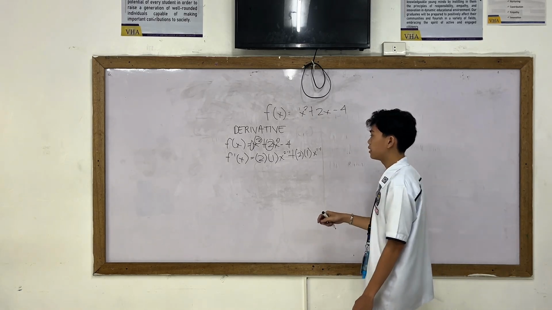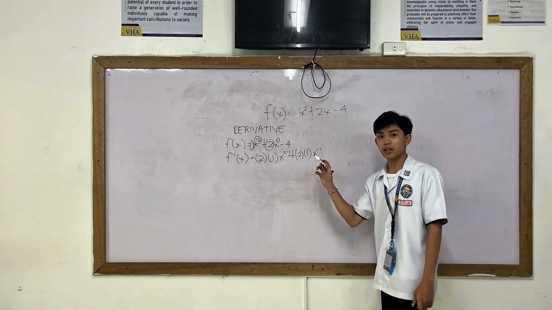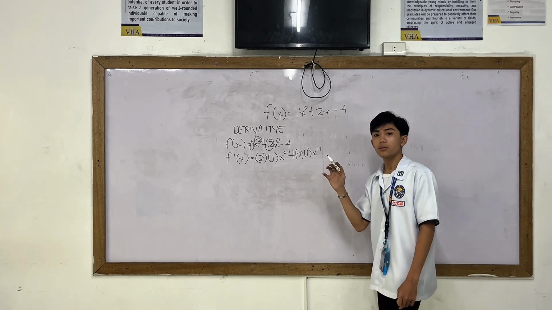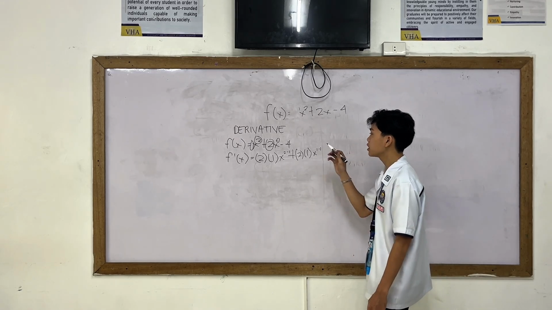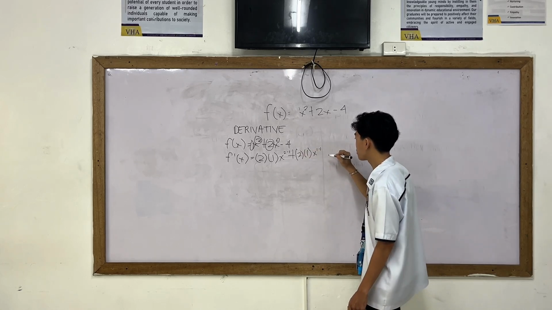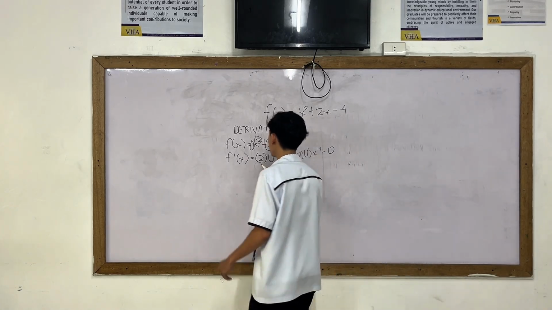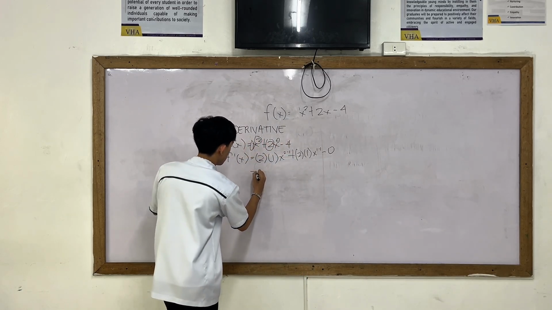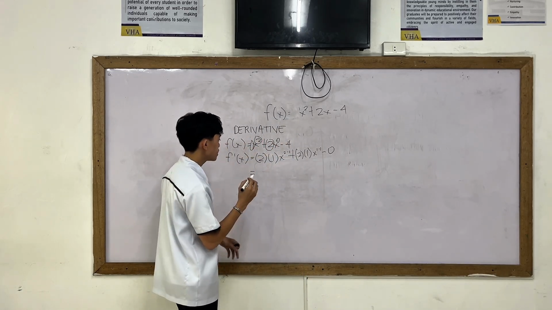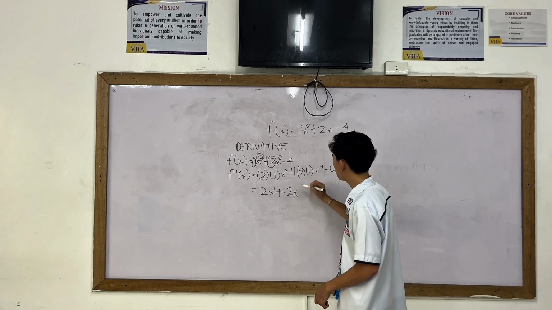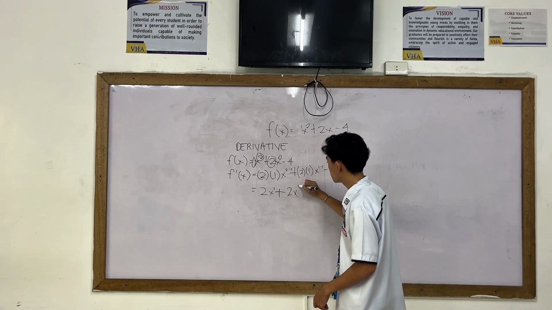In the derivative, the constant will always be equal to 0, so the derivative of 4 is equal to 0. So minus 0. Let us simplify this answer. 2 times 1 is equal to 2. Then copy the variable. 1 minus 1 is equal to 0.